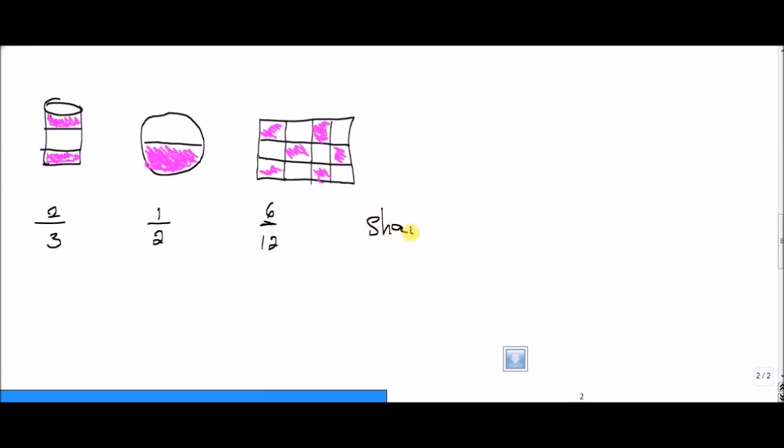So this is the shaded, and the unshaded portion would now be 1 part out of 3, representing there. And this would be 1 part out of 2. And this would be 6 parts out of 12.